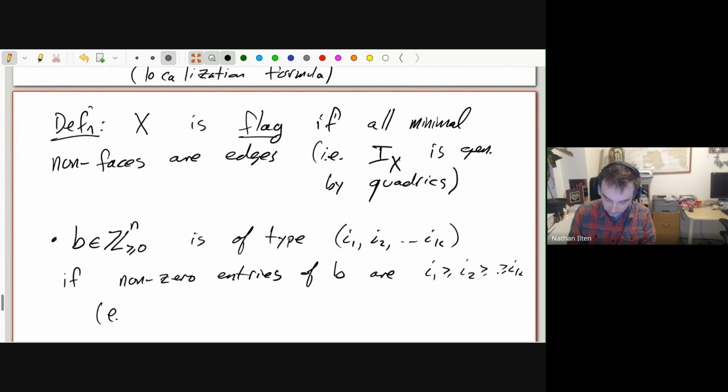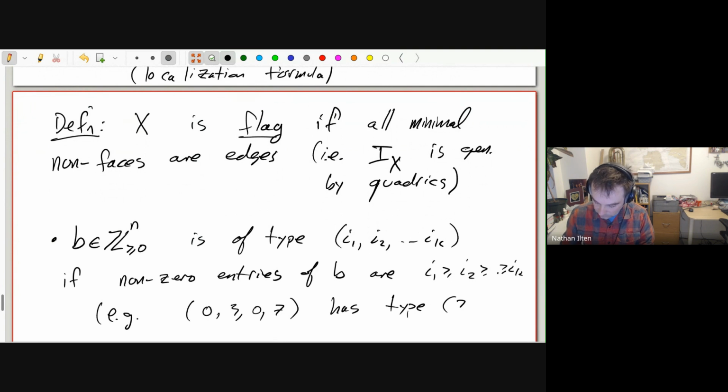So for example, if I look at 0, 3, 0, 7, this has type 7, 3.